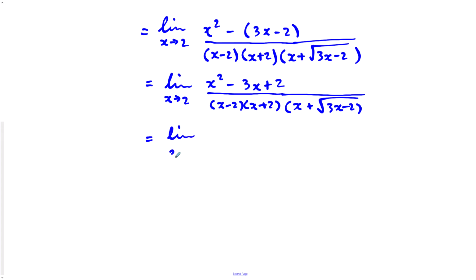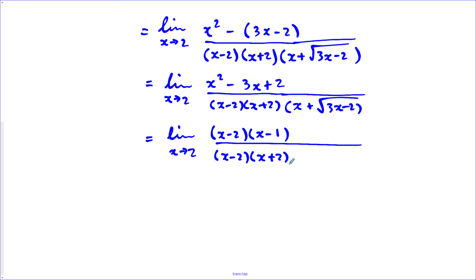The limit as x approaches 2, x minus 2 and x minus 1. And that's very fortunate, because you see we can now cancel out the problem. The problem was this x minus 2 factor here wasn't letting us put in x equals 2. So once we remove that, it should be safe now to let x go to 2.